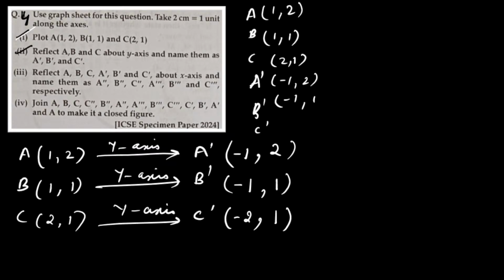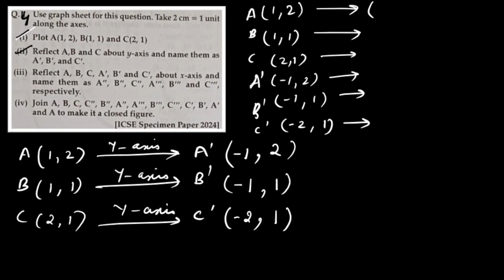X-axis reflection means x will remain same and the sign of the y coordinate will change. The x coordinate, meaning abscissa, will remain same; ordinate will change. So 1, 2; 1, 1; 2, 1; minus 1, 2; minus 1, 1; minus 2, 1. So x will remain same, y will change: 2 to minus 2.